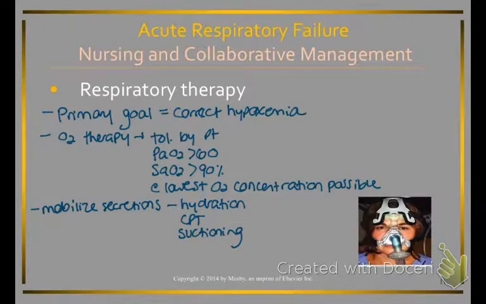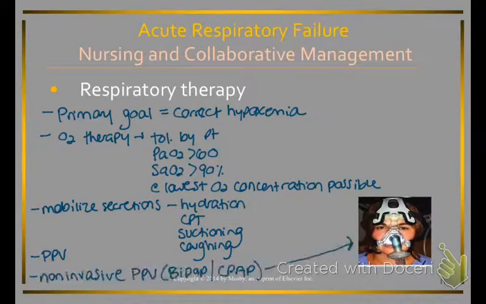Suctioning. And we're going to talk in a second. We don't want to go crazy with the suctioning, but suctioning helps. Teaching them to cough. And then there's positive pressure ventilation and non-invasive positive pressure. We're going to get into that with our vent lecture in just a second. Well, maybe more than a second, but in just a bit.